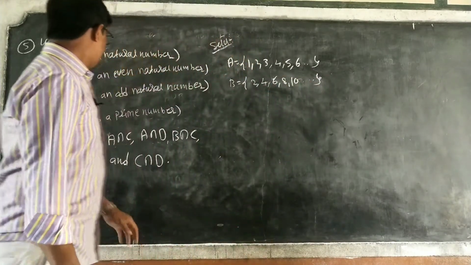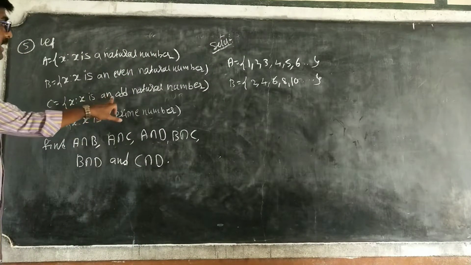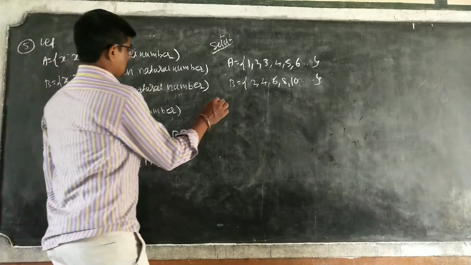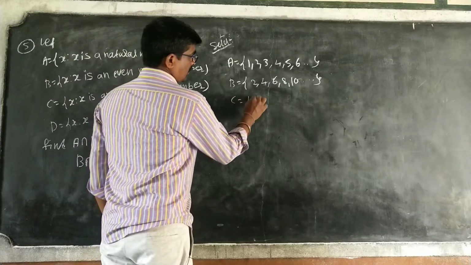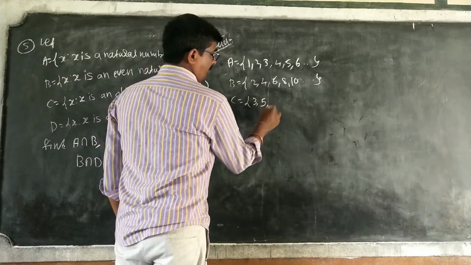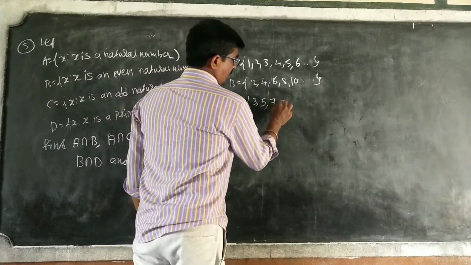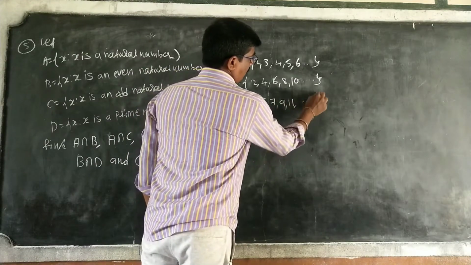Next set C, X is an odd natural number: C is equal to 3, 5, 7, 9, 11 and so on.